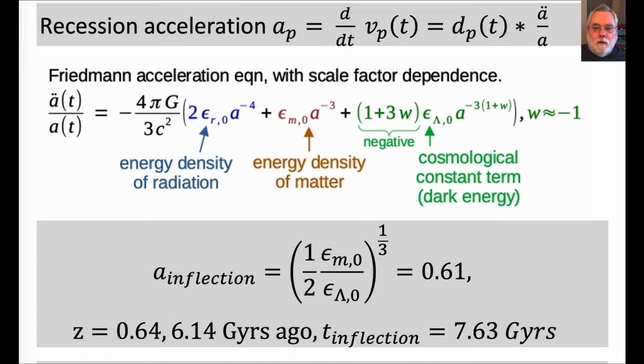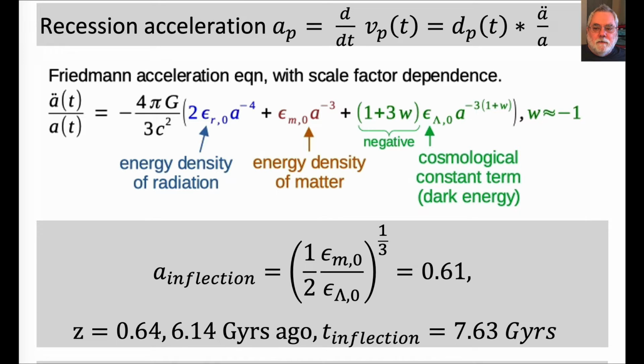6.14 billion years ago, when our universe was 7.63 billion years old, at scale factor 0.61 and redshift z 0.64, the expansion of our universe stopped decelerating and began to accelerate.